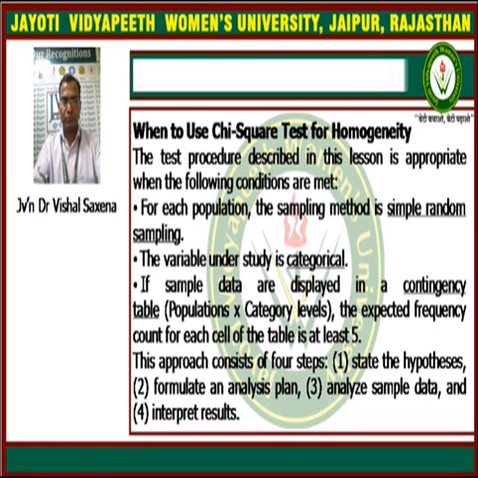No other kind of sampling should be taken. If sample data are displayed in a contingency table, the expected frequency count for each cell of the table is at least 5, minimum 5 for each cell entry of the contingency table. So these are the conditions for the application of the homogeneity test.